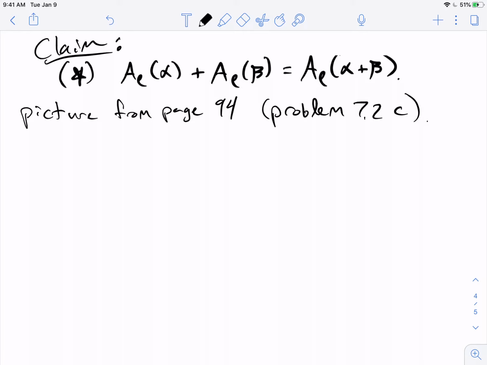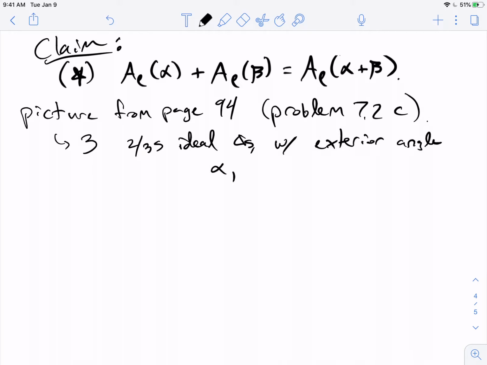But the picture I'm going to create, I need to prove this claim, right? And so somehow I'm going to have a picture that involves three different 2/3 ideal triangles. And the three are going to be the ones with exterior angle alpha.